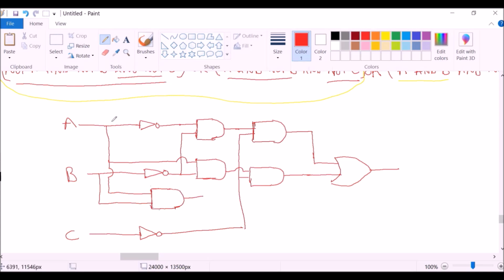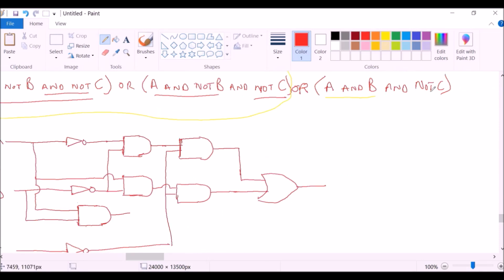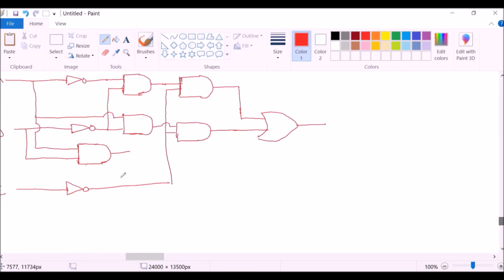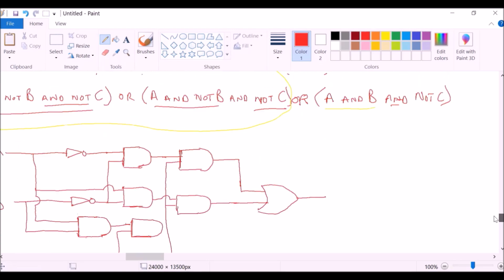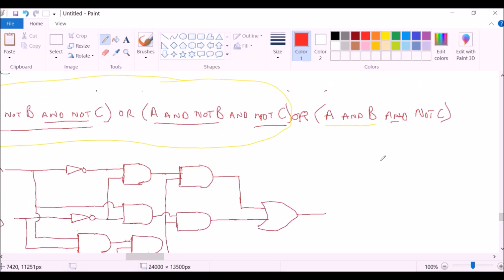This is the output of A and B. Then we take not C and connect it through an AND gate to the output of A and B. So this circuit is done. And we connect it to the output of this through an OR gate.